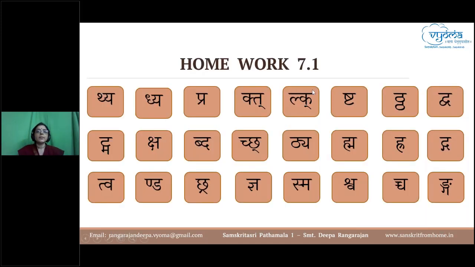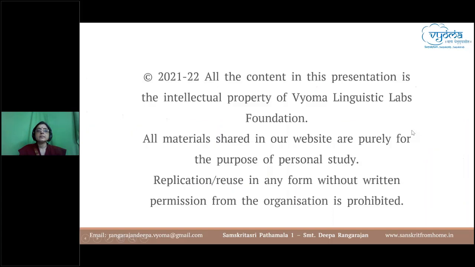I would want you to write the different consonants which have gone into the making of each of these combinations. That will be the homework for the next class. If there are any questions, for just 5 minutes I can take those questions and then we can close the class.